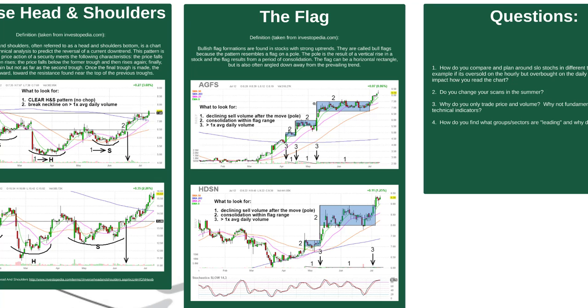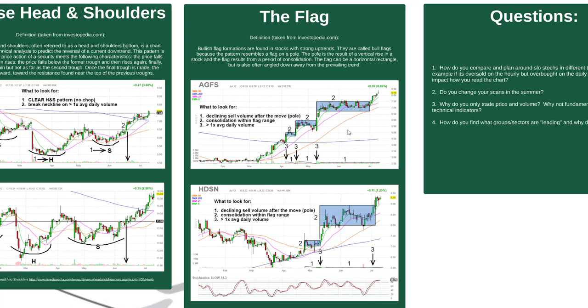So we'll look at the flag in the definition. Bullish flag formations are found in stocks with strong uptrends. They are called bull flags because the pattern resembles a flag on a pole. The pole is a result of a vertical rise in the stock right there, and there, and there. And the flag results from a period of consolidation. Here, here, and here. The flag can be a horizontal rectangle like this, but it can also often be angled down away from the prevailing trend.